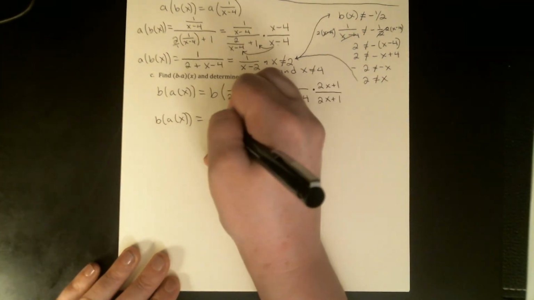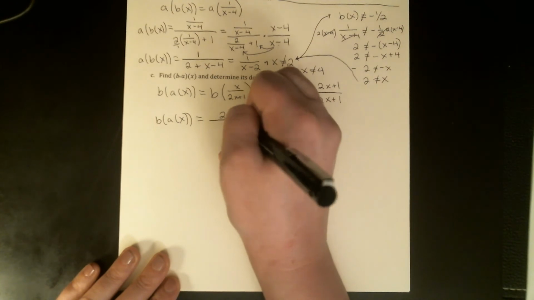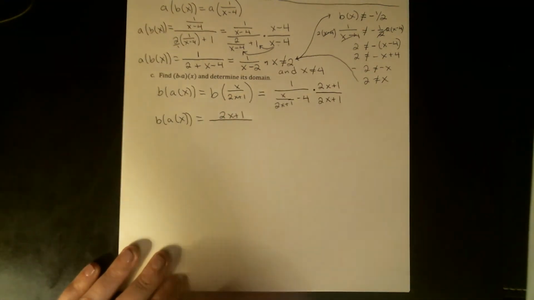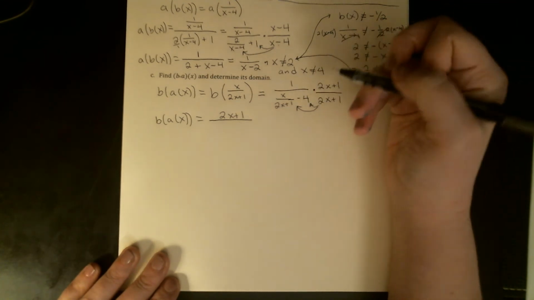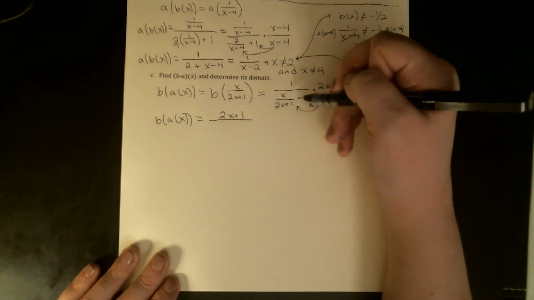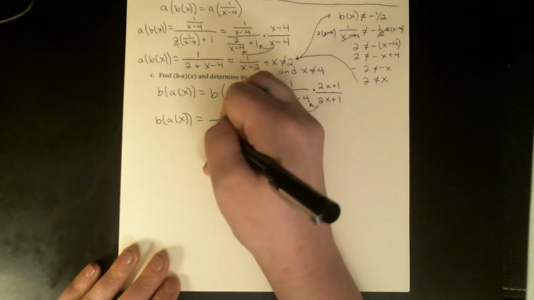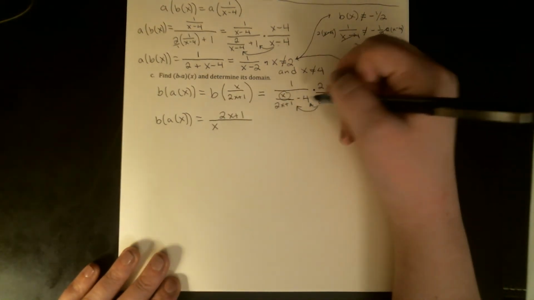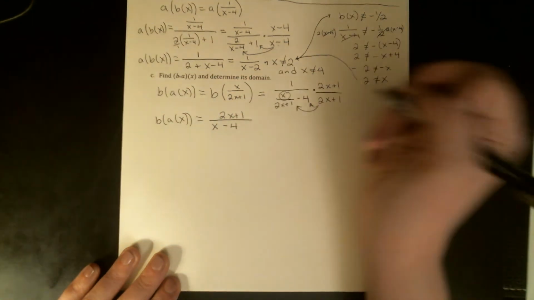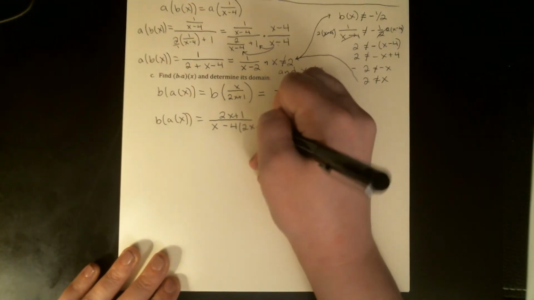So the top of the big fraction is just going to become a 2x plus 1, 1 times 2x plus 1. On the bottom, again, remember that the first thing that happens is a distribute. If I multiply this fraction by a 2x plus 1, the 2x plus 1's cancel, and I'm just left with the x in the numerator. I also have to multiply the -4 by a 2x plus 1.